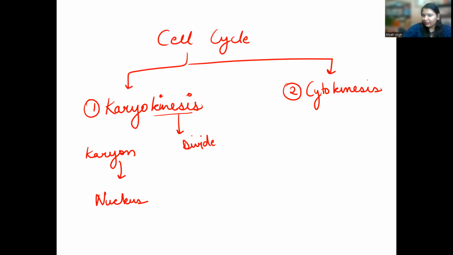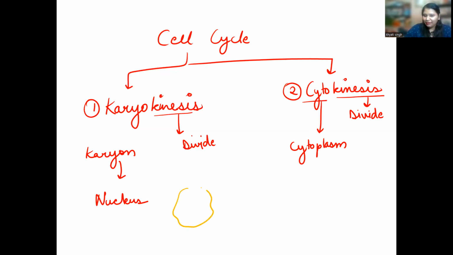Cytokinesis. Cyto means cytoplasm. And kinesis means divide. So in cell cycle, what is important? First, the nucleus is going to divide, and then finally the cytoplasm will divide. Let's see.